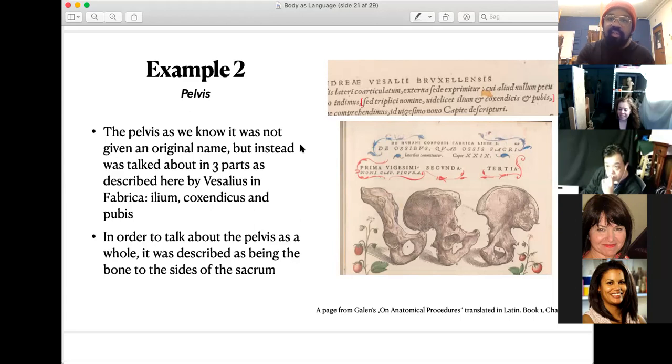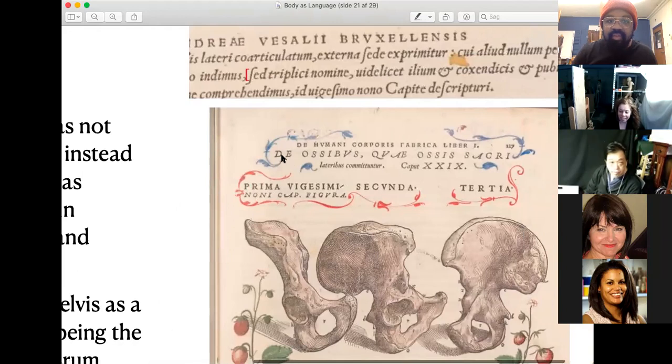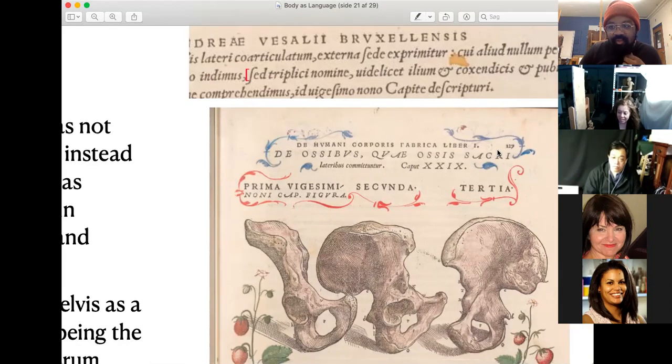And we can see that here, that's how it's just being described as, you know, the muscle next to the sacrum, like right here. This day ossibus, this means on the bone, about the bones that are connected to the side of the sacrum, is what that title means.